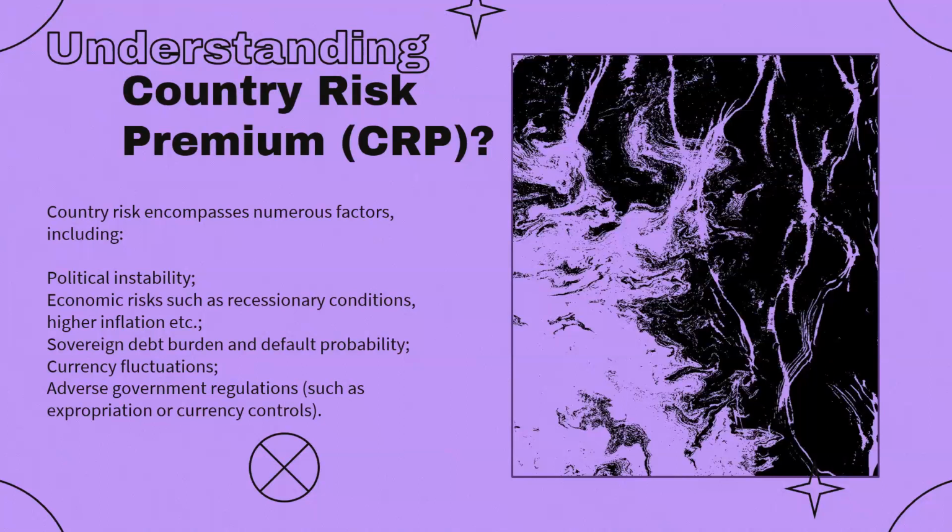Sovereign debt burden and default probability. We have the currency fluctuations, so another issue in the Philippines. At least ngayon mas bumubuti na compared to last Q4 of 2022. Adverse government regulations such as expropriation or currency controls.